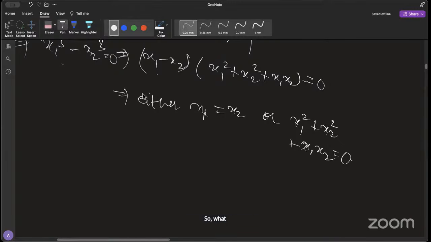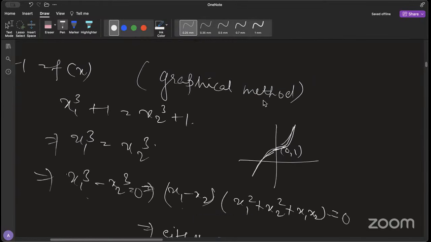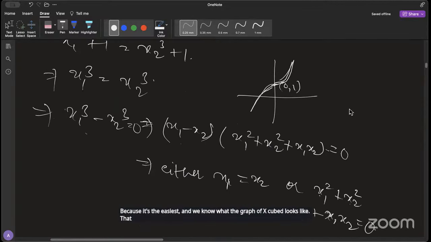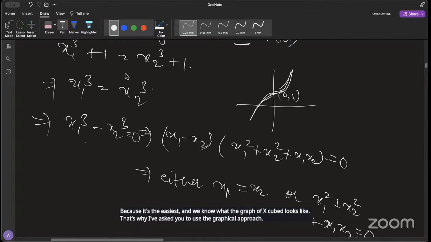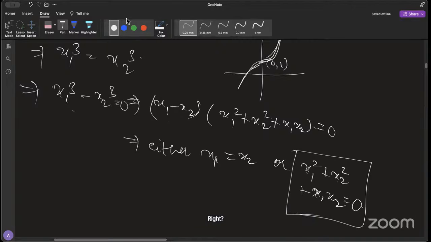We already know by the graphical approach, and that's why I said you should use the graphical approach here, because it's the easiest and we know what the graph of x cube looks like. But if you really want to use the algebra approach here, then you will need to show that this does not have any solution, right? Do you get the point?